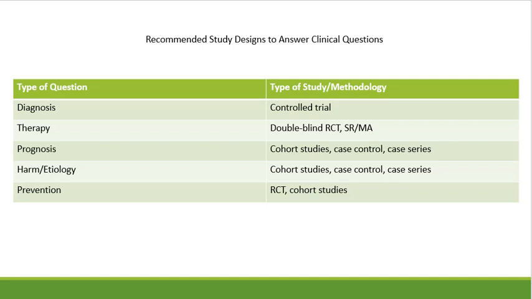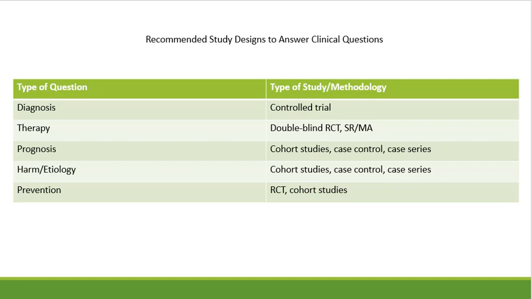In my discipline, having double-blind randomized controlled trials is difficult to do or sometimes rare to do. When you think about medications, you're definitely wanting to have those double-blind RCTs. There's also systematic reviews and systematic reviews with meta-analyses. So those are some of the optimal study designs for therapy.